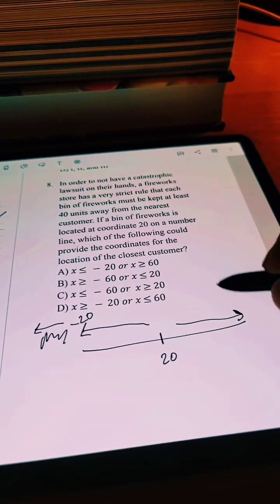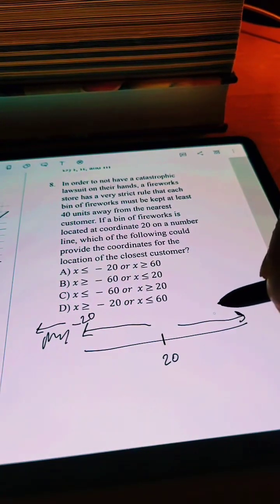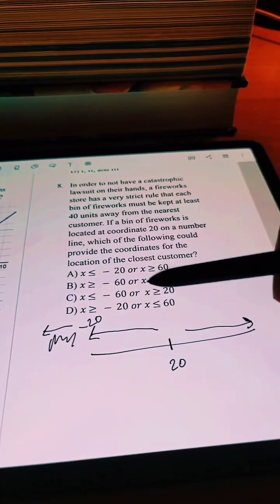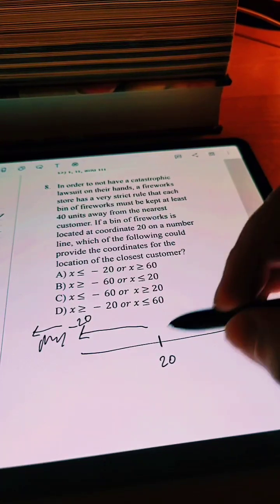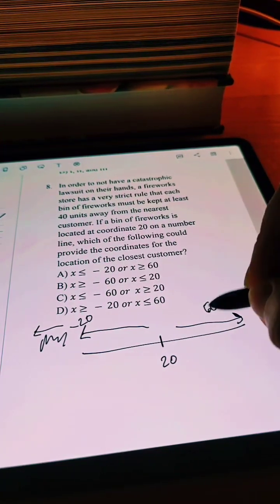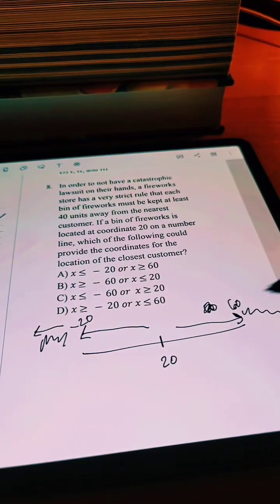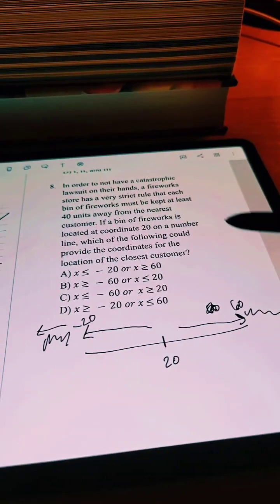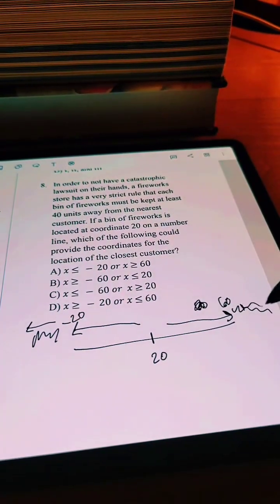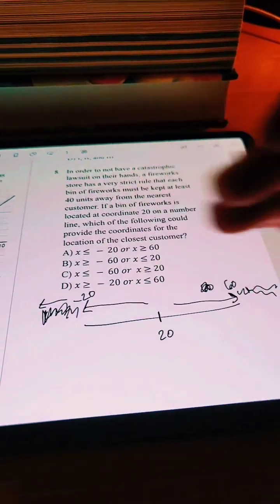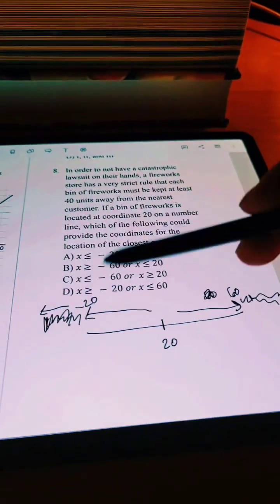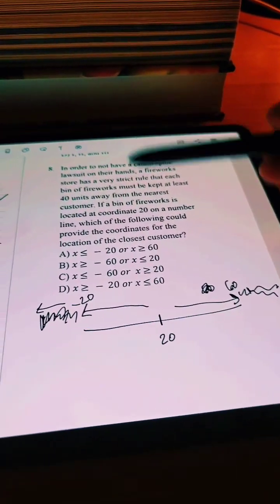And then if they go 40 units this way, I said 20 by accident, I meant 40, so they're 40 units away from the 20 mark, they're going to be at 60. So it's going to be 60 or farther that works. All of these values here work, beyond the negative 20 and the 60. So we have to look for what represents that situation.